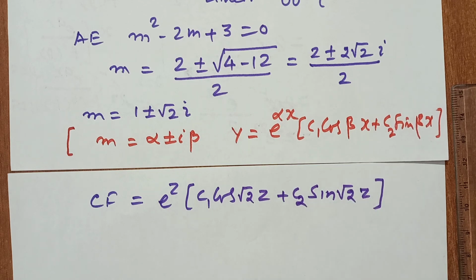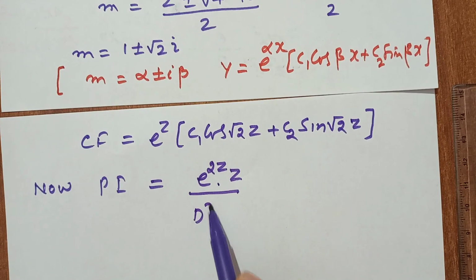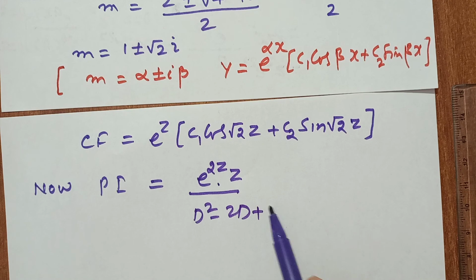Now the particular integral. The particular integral has on the right-hand side e^(2z) times z upon D² − 2D + 3.